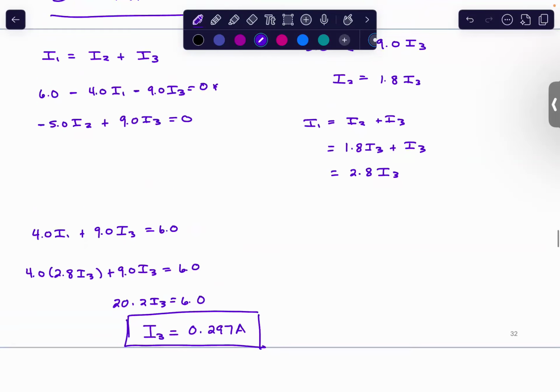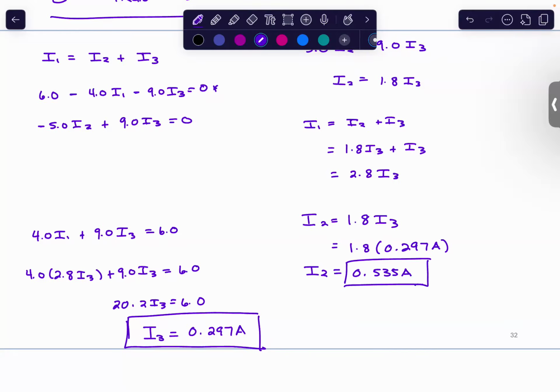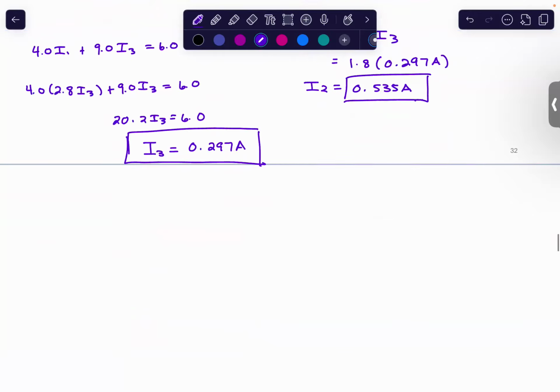Well, now I go back up, I say my I2 equals 1.8 I3, and I3 equals 0.297 amps. I2 is going to equal 0.535 amps.